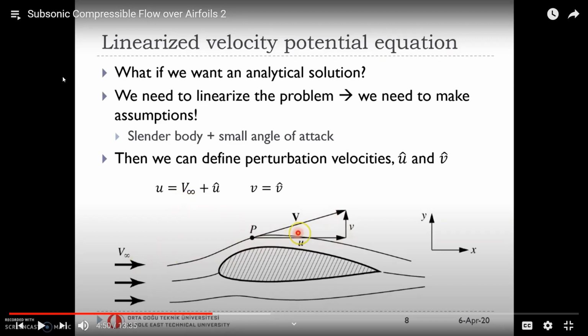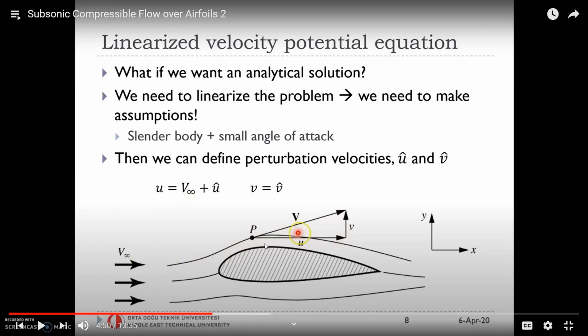What does that really mean? It does have a fancy name, but what does it actually mean? It means that, let's say in this case, we have a V infinity coming from the left. By placing a solid body into this free stream, we are disturbing this condition. Initially, we have V infinity along the x direction and zero velocity along the y direction. But when we place a body, that body will disturb this condition.